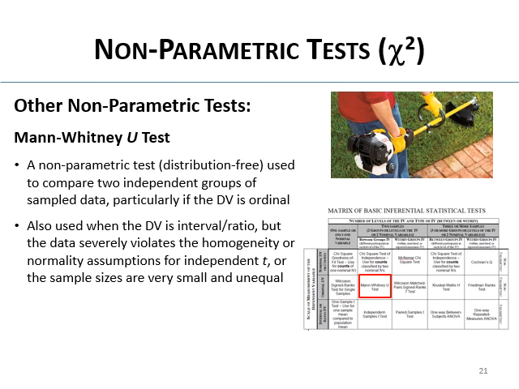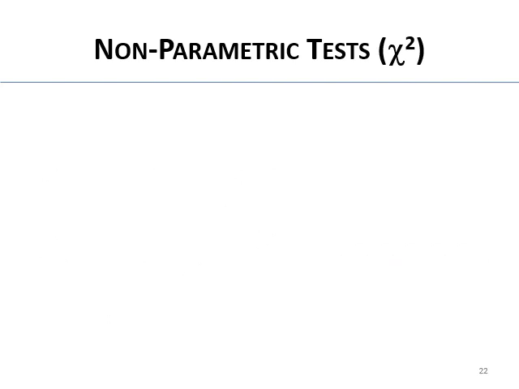And you also use it when you wanted to use an independent samples t-test, but the data severely violated the homogeneity assumption, or you had really small and unequal sample sizes, whatever it is, you didn't fit the assumptions. So it is the non-parametric equivalent of the independent t-test. And it's the Mann-Whitney U, the one right above it in the matrix of statistical tests.